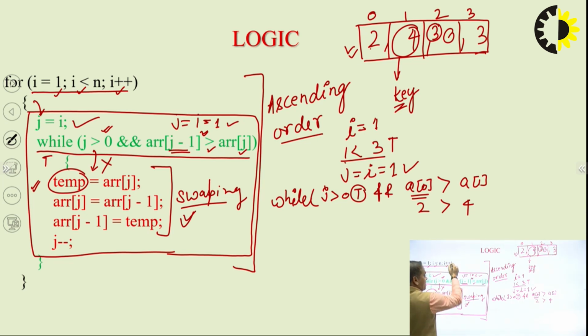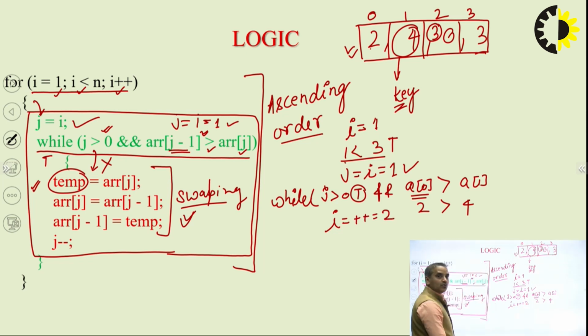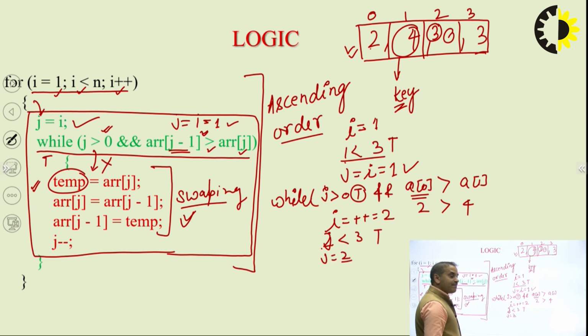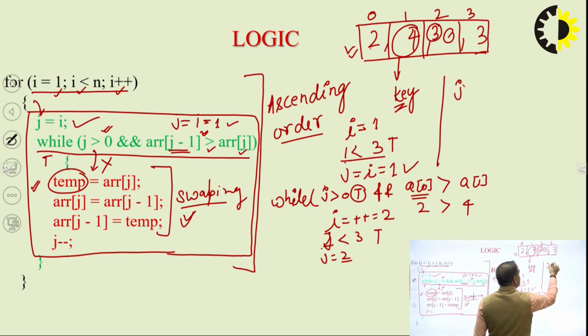Now i++, that means the value of i is 2. 2 is less than 3, condition true. j equals 2. Now again the same condition is checked. j is greater than 0.